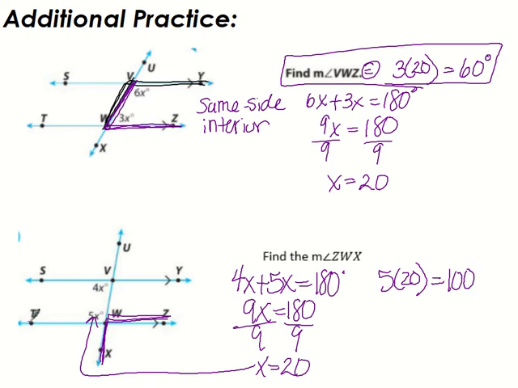But the relationship between this angle and this angle is that they're congruent because they're vertical. And so that means the measure of angle ZWX is also 100 degrees. There are some other ways to prove that relationship, but we can talk about it next time and see if you guys can figure it out. But there's a double angle relationship that you can get there too.